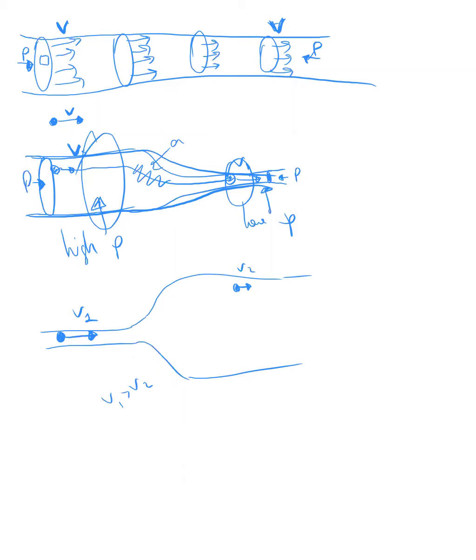And if this particle, a small imaginary pocket of water, was moving with high velocity, and now it's moving with less velocity, then some sort of deceleration must have happened somewhere in between, which means that there must be a net force acting from right to left. So pressure here, P2, must be higher than pressure here, P1. So if v1 is more than v2, then P2 must be more than P1. So that's how pressure and the change in velocity are related.